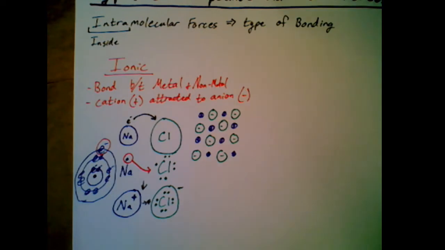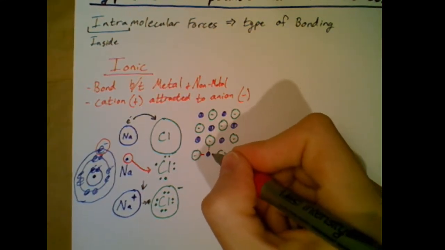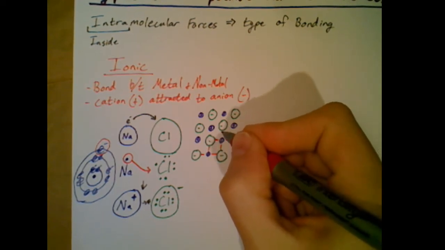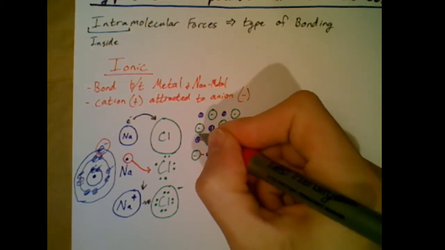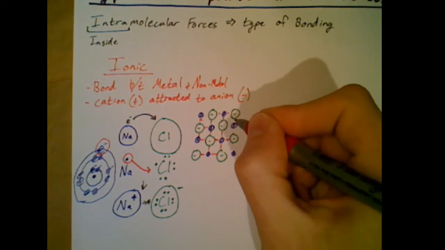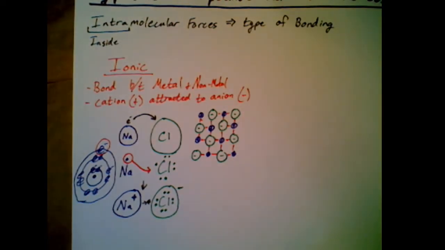And what ends up happening is all of these atoms are attracted to each other. Because there are so many positives and so many negatives, you end up getting a structure with a huge amount of attraction. Everything wants to stick together.